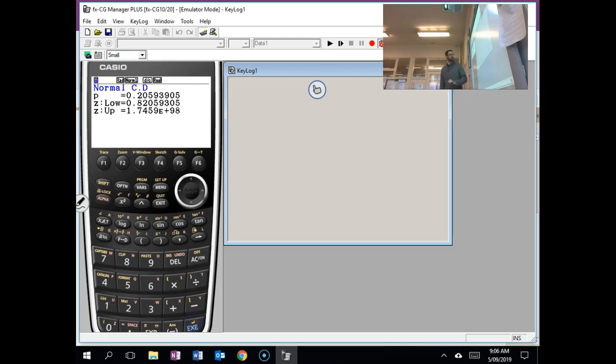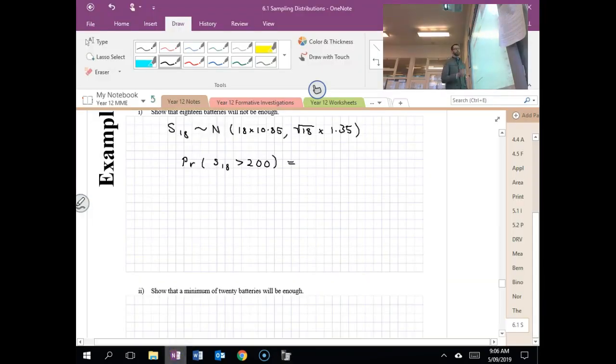Okay, and enter, I get 0.206. Notice I'm rounding there. So it's 0.206, which is 20.6%, which is definitely less than 90%.